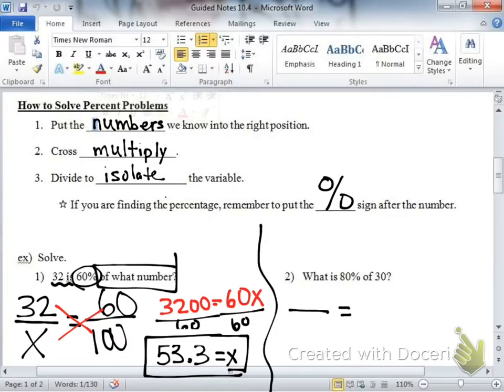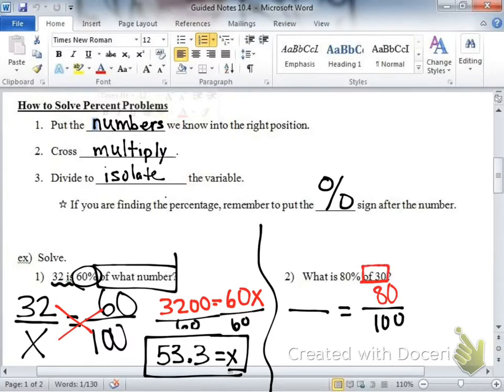Alright, so number 2, blank over blank equals blank over 100. What is 80% of 30? Do you know where any of those numbers go? 80 goes over the 100. The percent. 30 is next to what word? Of. And where does the of number go?